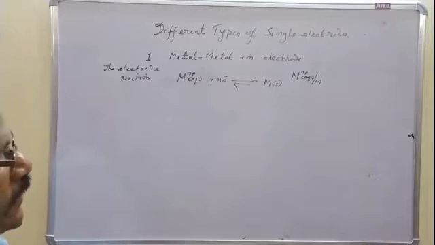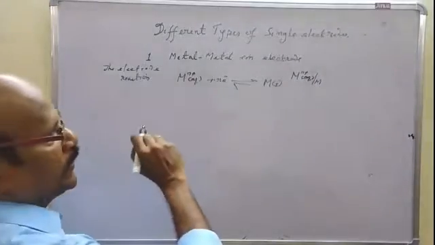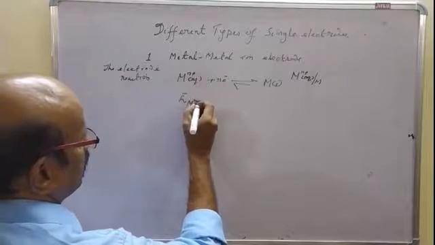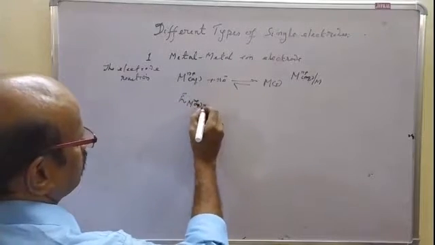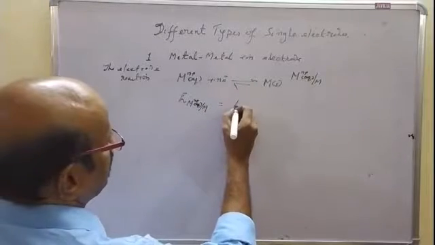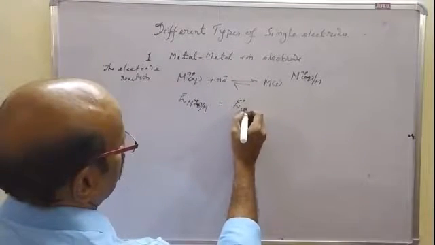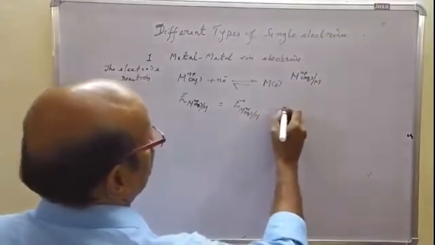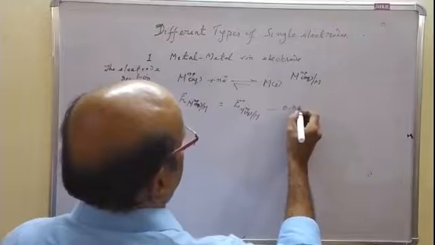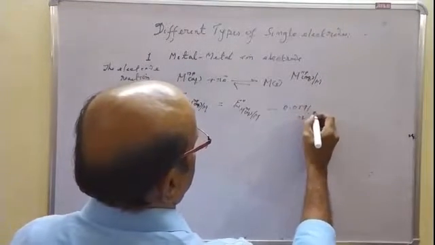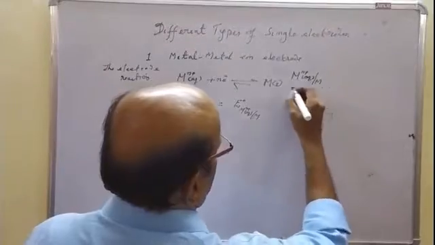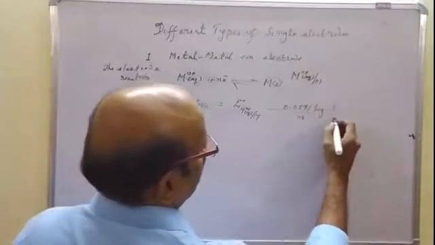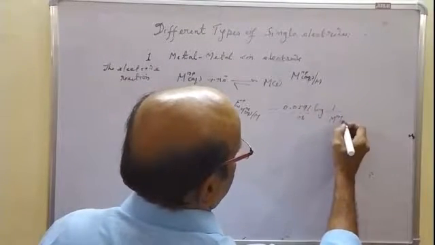Okay, so that the single electrode potential according to Nernst equation is given by E M n plus aqua or M is equal to E0 M n plus aqua M minus 0.0591 by n log of activity of M solid, that is 1, actually 1 divided by M n plus aqua.